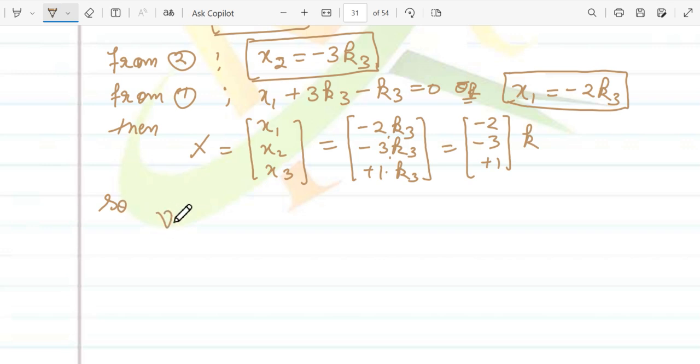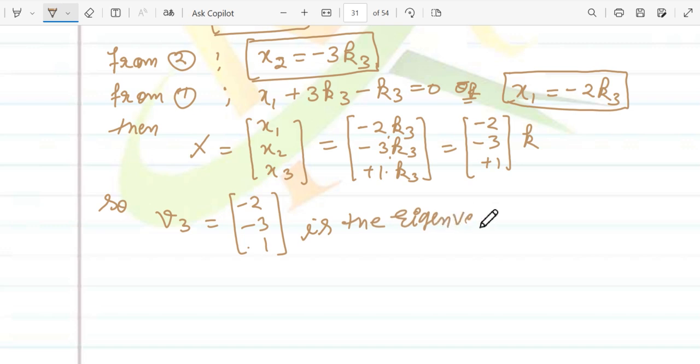So v3 is equal to minus 2, minus 3 and 1, which is the eigenvector for eigenvalue lambda 3 is equal to 3.